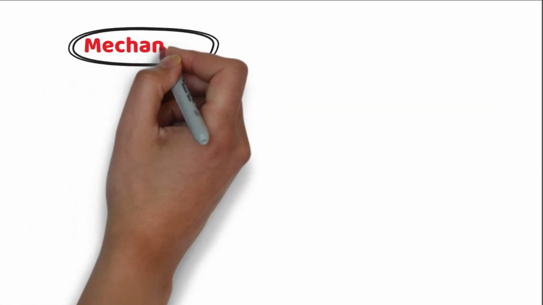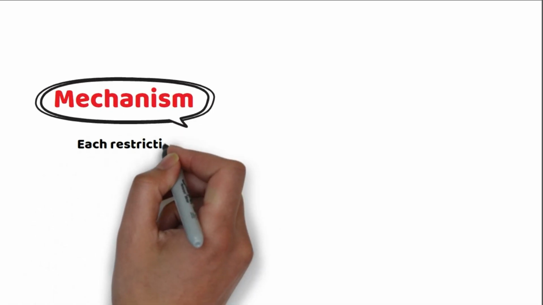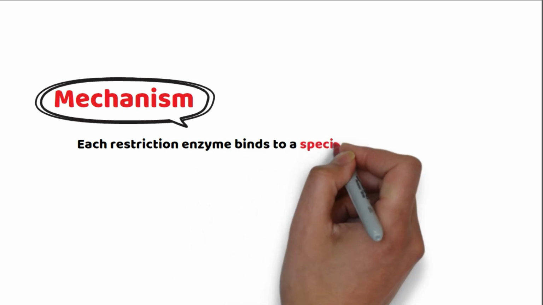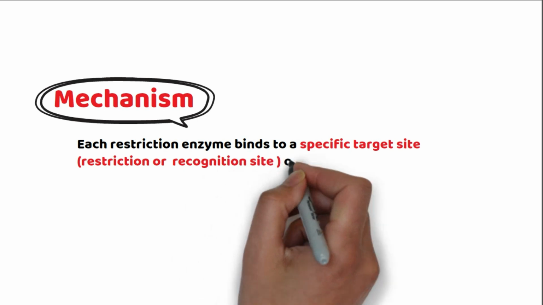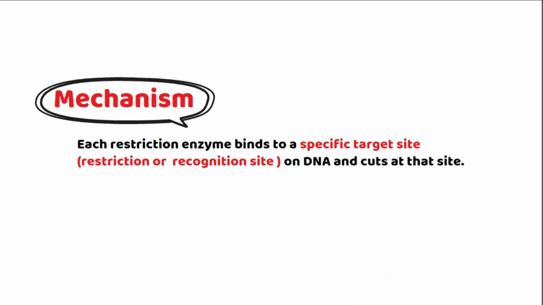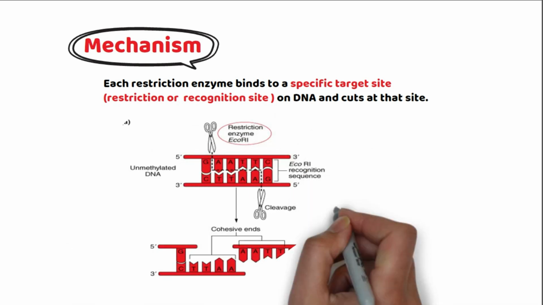Mechanism. What about the mechanism of these enzymes? Precisely how they work. Each restriction enzyme binds to a specific target site, restriction or recognition site on DNA, and it cuts at that site with precision. Look here.